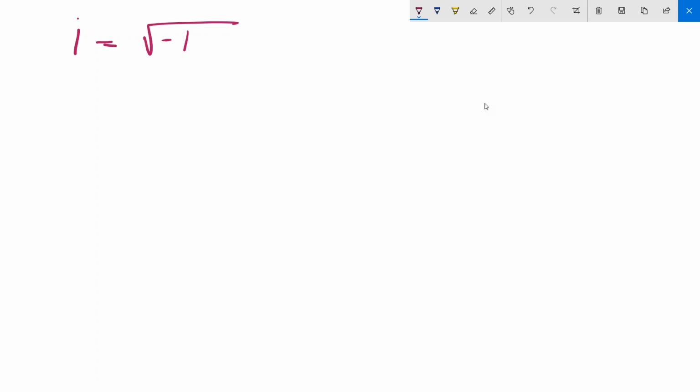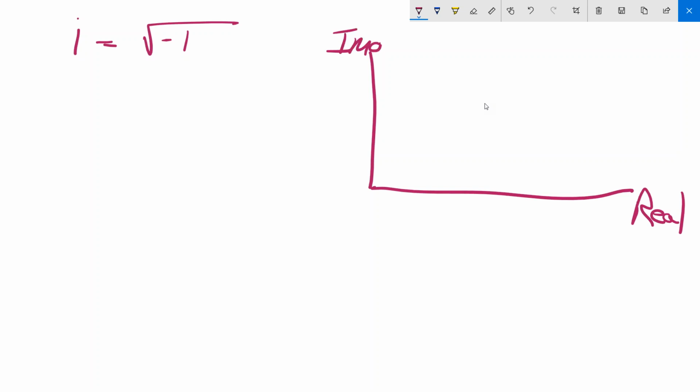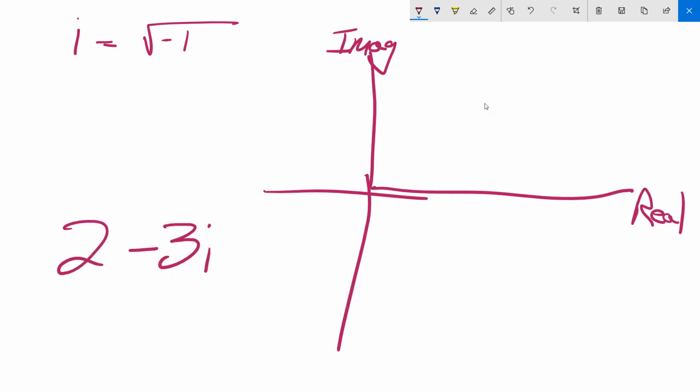In fact, they have a way of graphing it where the x-axis is the real and the y-axis is the imaginary. So if you were graphing the number 2 minus 3i, you'd graph the real part right there at 2, graph the imaginary part right there.